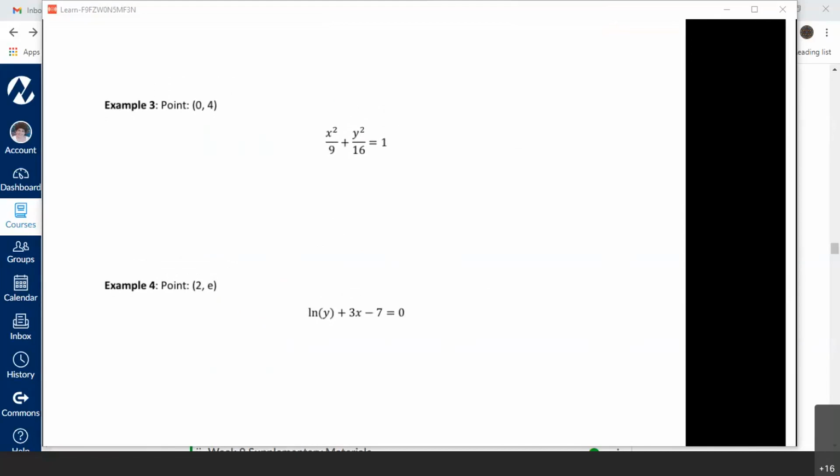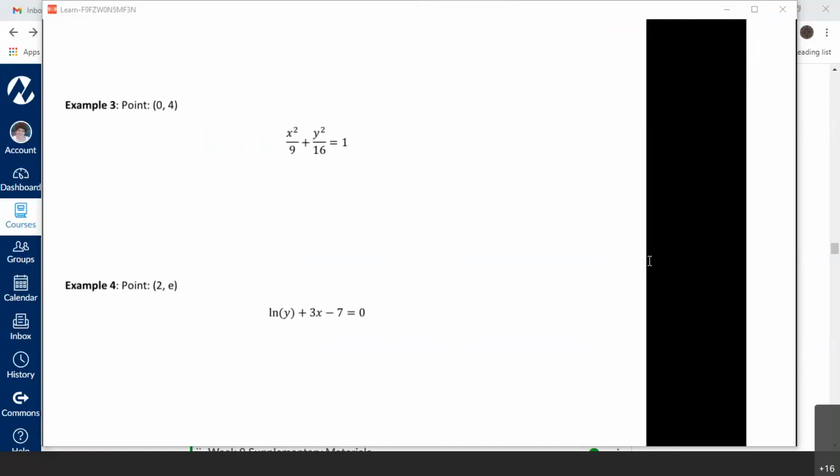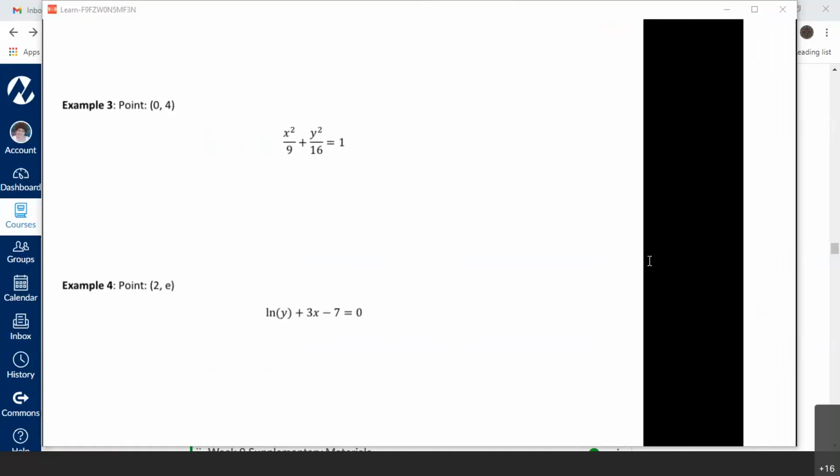So take a look at example 3. The first thing I'm going to ask you is try example 3 and then stop when you get dy dx and type done in the chat. So don't bother evaluating. I just want to see that you can do the implicit differentiation.